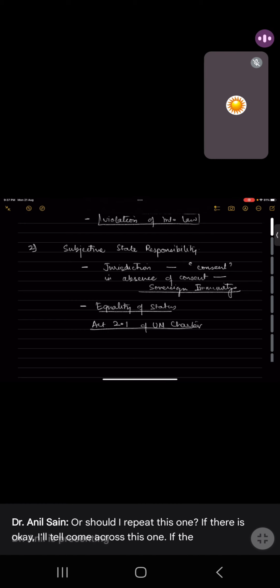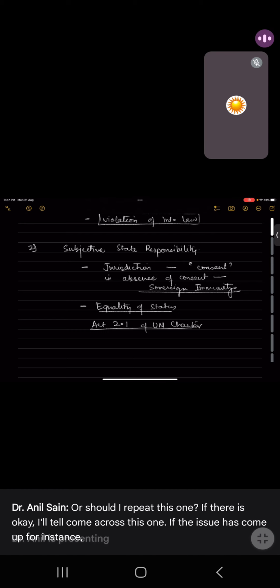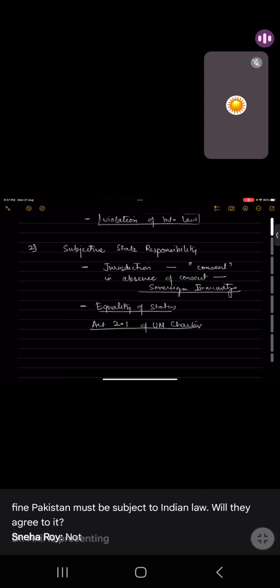For instance, if an issue has come up between India and Pakistan, and we say that Pakistan must be subject to Indian law, will they agree to it? Not really, sir. No, they will not. Despite being signatory to the UN and abiding by the ICJ, they will not accept it.